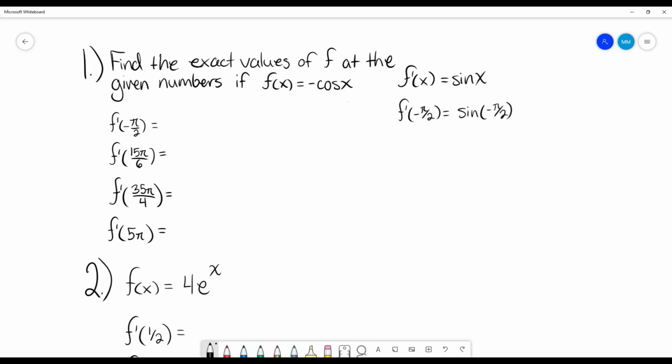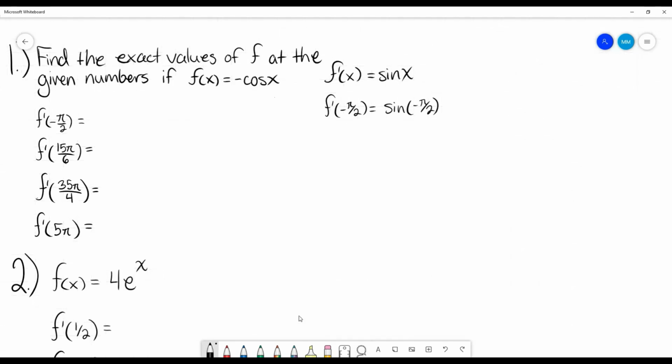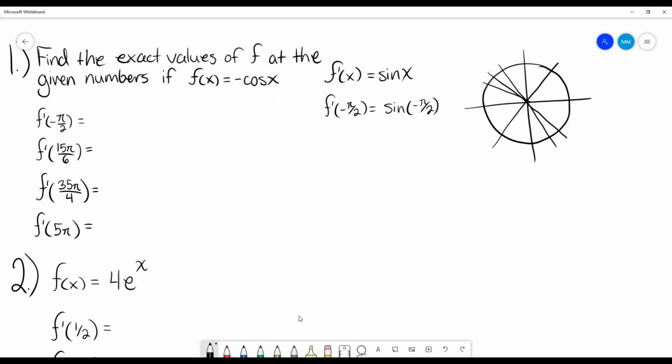Now, this will be made a little bit easier as long as we know our unit circle, which I'll sketch over here. This is going to be a little bit of a messy sketch, so don't put too much focus on it. Let's see, it's going to be about there and there. So we know this is pi over 2, pi, 0 or 2 pi, 3 pi over 2.